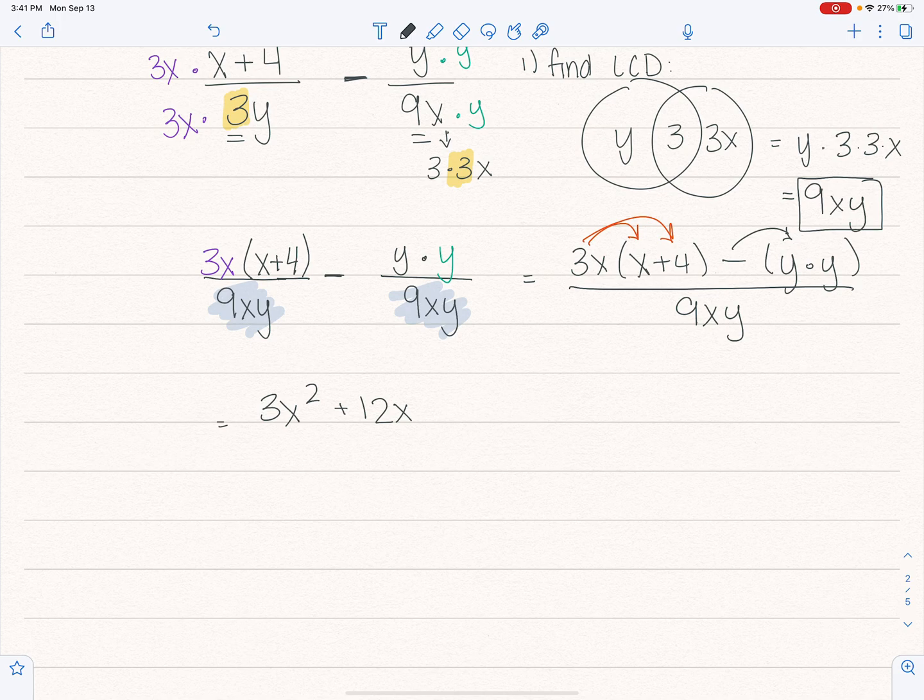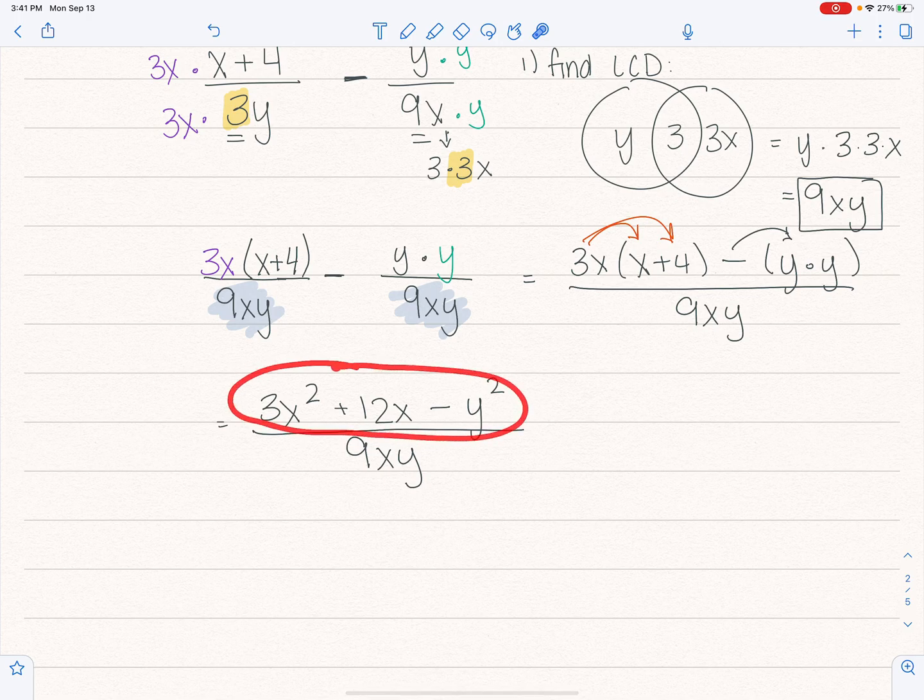Here, y times y is y squared, so I'll have negative y squared, all over 9xy. I'm looking for any like terms I can combine on the numerator. So I've got 3x squared plus 12x minus y squared.